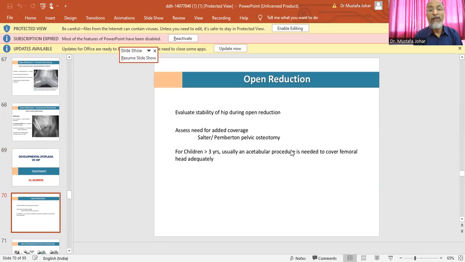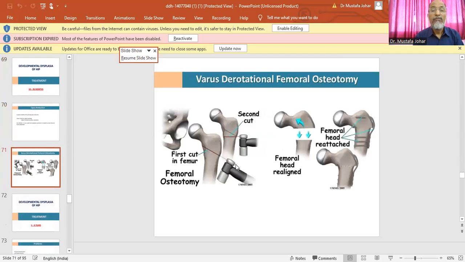Salter, Pemberton, pelvic osteotomy are more routinely done than any other one. For children more than 3 years of age, usually an acetabular procedure is needed to cover the femoral head adequately. So these are the various derotational osteotomies to keep the head within the acetabulum.